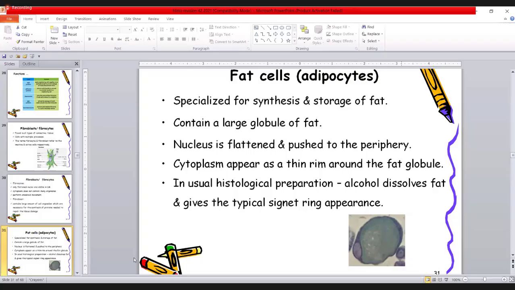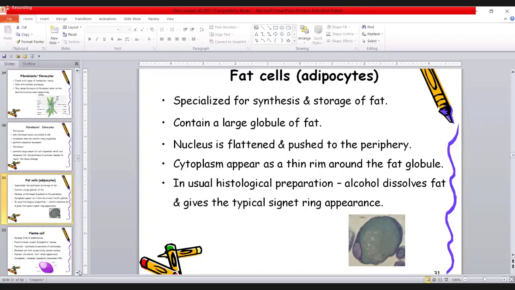Now, what does this appearance remind you of? Signet ring. Here's the signet, the nucleus, and it's a ring. Thus, it gives a signet ring appearance. What happens in H&E sections? Can you see this appearance?